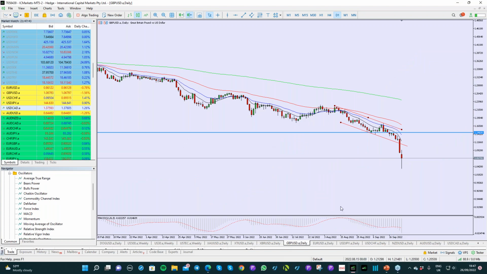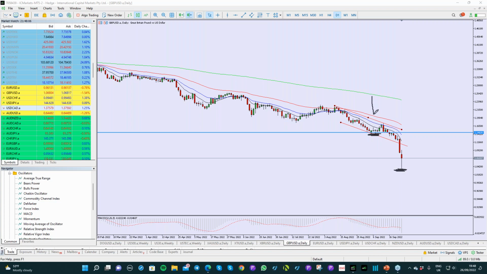Okay, so with that said, let's have a look at that cable. So the MACD here, what I'm looking for, I'm not looking for any lines crossing or anything like that. I'm just looking at the lows in price action and the lows in MACD, and whether those are getting lower together. So here I've got my low in price action, and down here I've got another low.